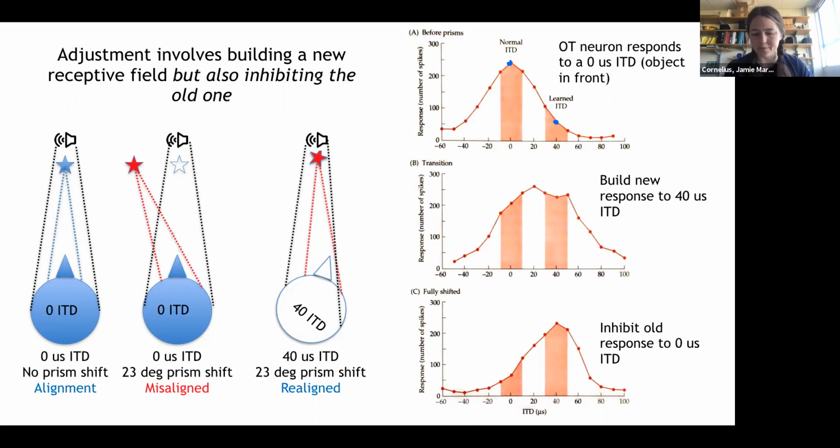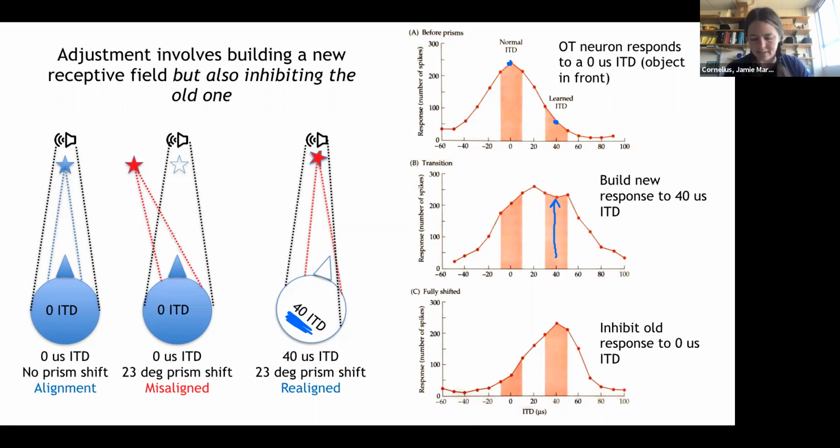You put on the prism goggles, and after a certain number of weeks, you start to see that the response to a 40 microsecond delay, this one over here, this 40 microsecond interaural timing difference, is starting to show some responsiveness. So that same neuron that used to not respond to that timing difference is now showing a much stronger response.